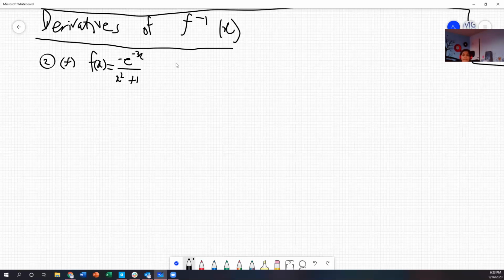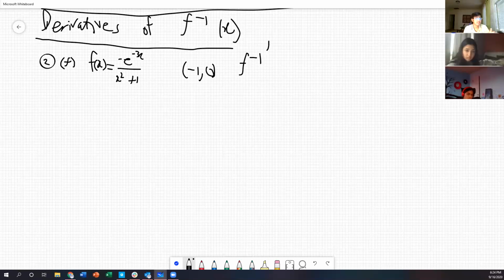Okay, we're asked to find the tangent line to the inverse at the given point. So the given point is (-1, 0), meaning that we're asked to essentially find f inverse prime of -1.